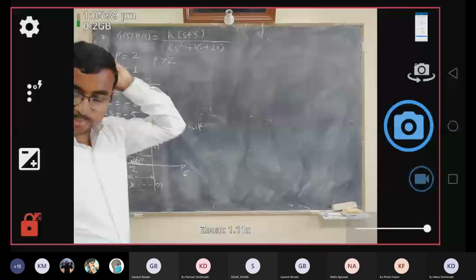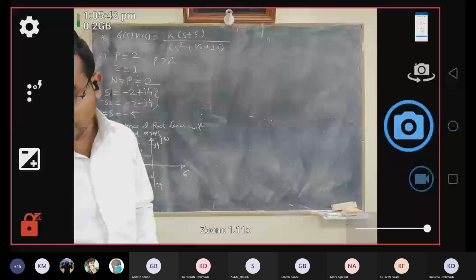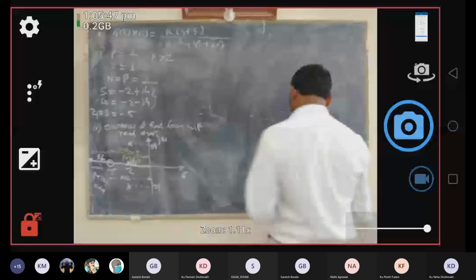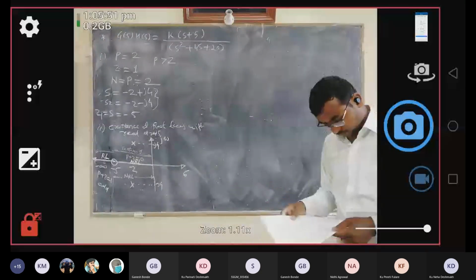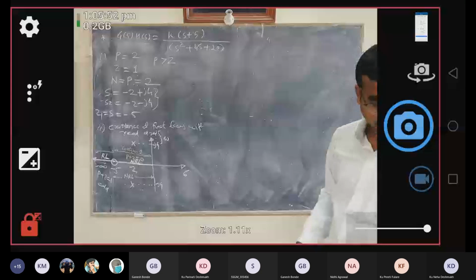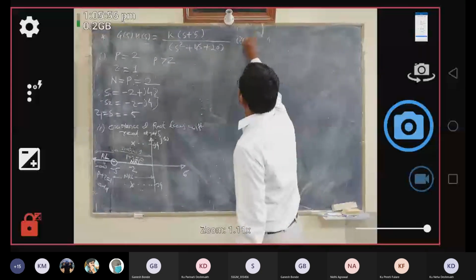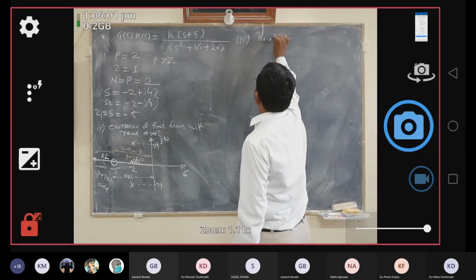Okay, so second step you have completed. Then what will be the next step? Write down the next step: number of asymptotes.